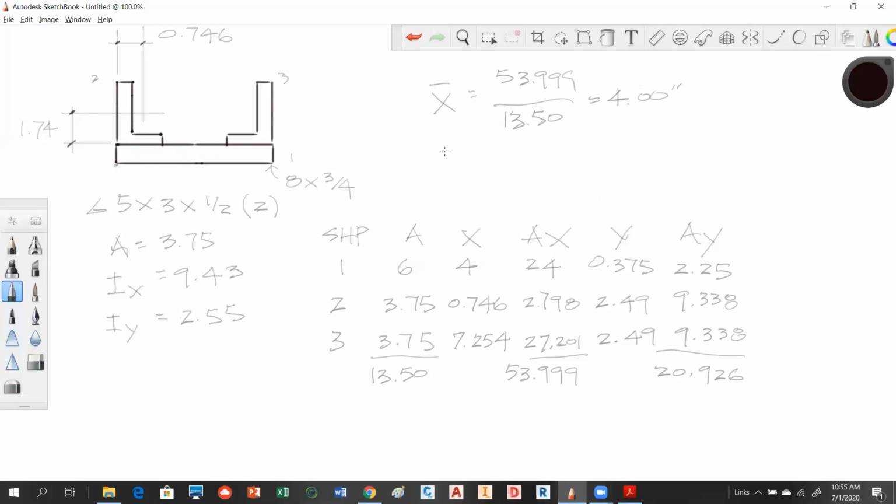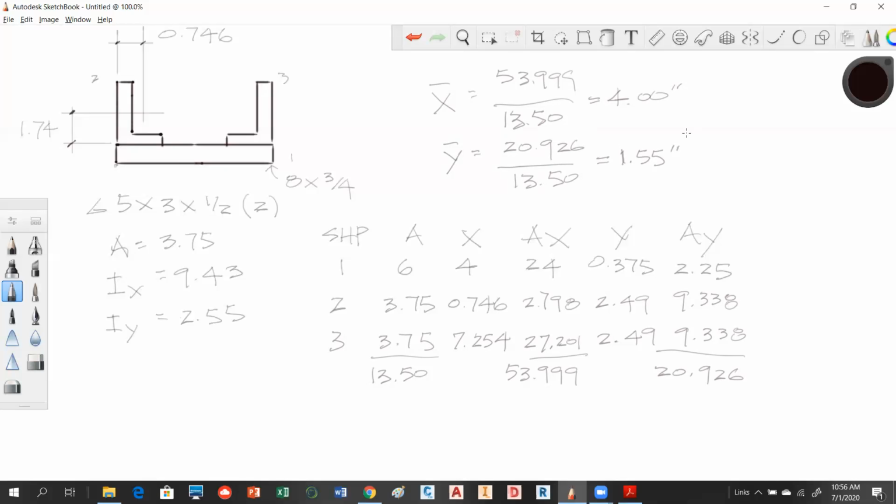Y bar is 20.926 divided by 13.5. That is equal to, a little bit over 1.55, excuse me, in terms of inches.